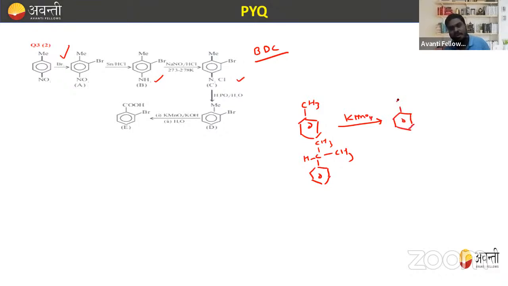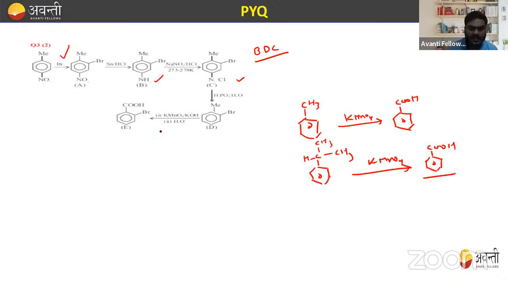Just remember this: it always forms benzoic acid, whether in the benzene there is only one alkyl group or more than one alkyl group, but the product is always what, beta? Benzoic acid. Just remember this fact, right? The product is always benzoic acid.